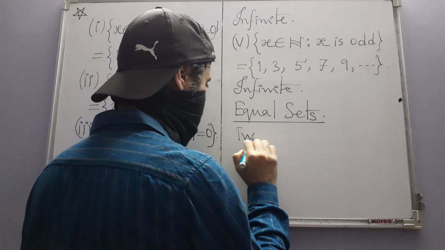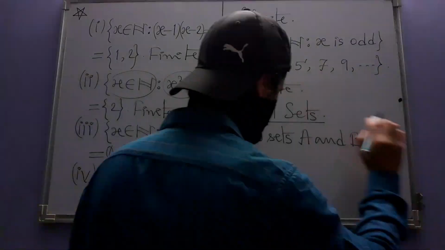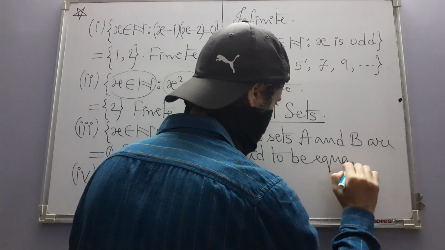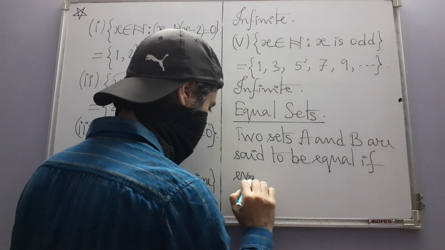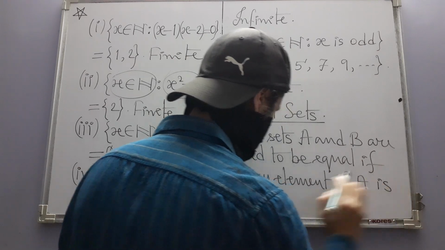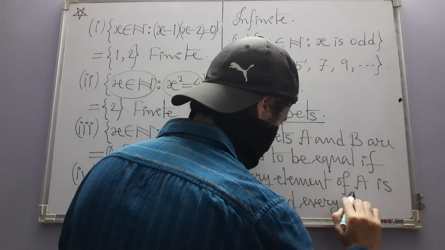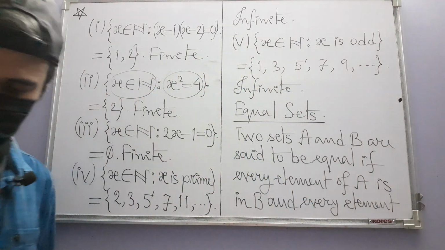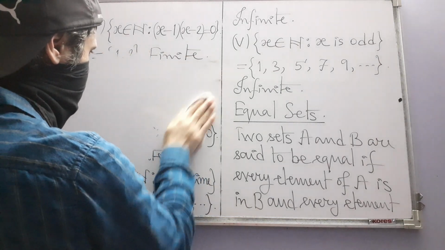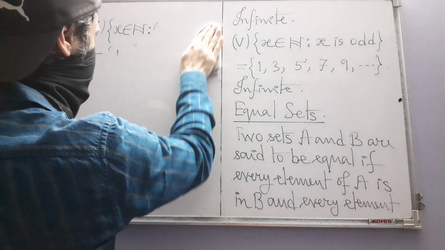Two sets A and B are said to be equal if every element of A is in B and every element of B is also in A. And that is quite natural, because for two sets to be equal, we would want them to have precisely the same things, same elements.